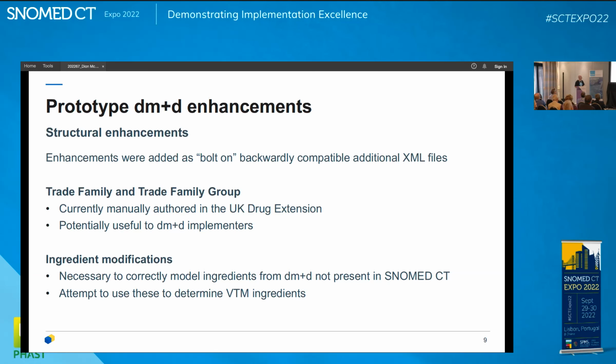Another example is ingredient modifications. If dm+d introduces an ingredient that's not an ingredient from SNOMED International, then we need to be able to generate that correctly into the extension, and we need to know more about it. And there are other examples like that.